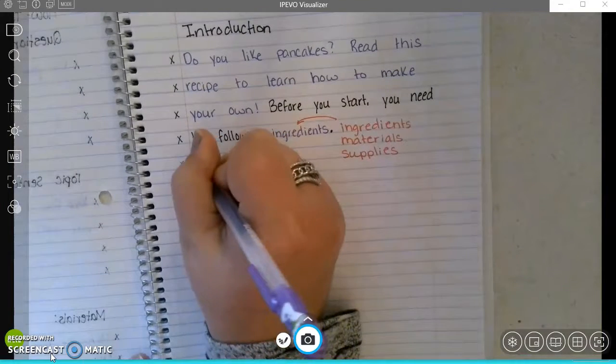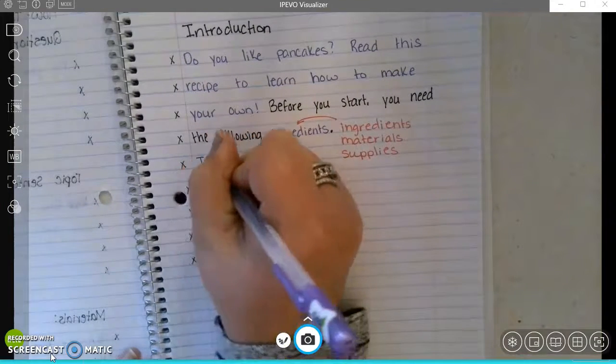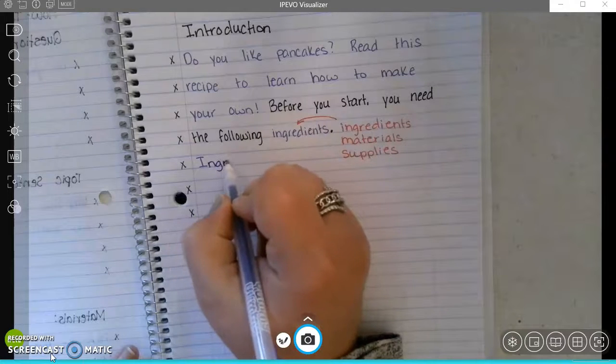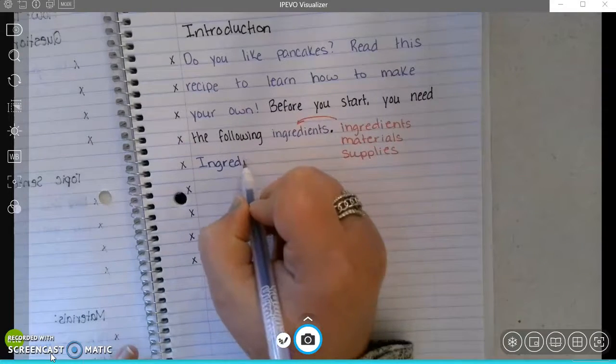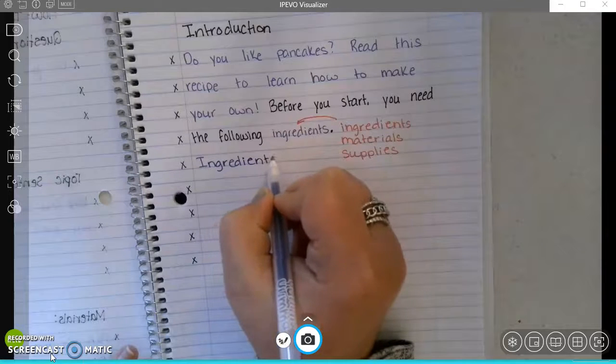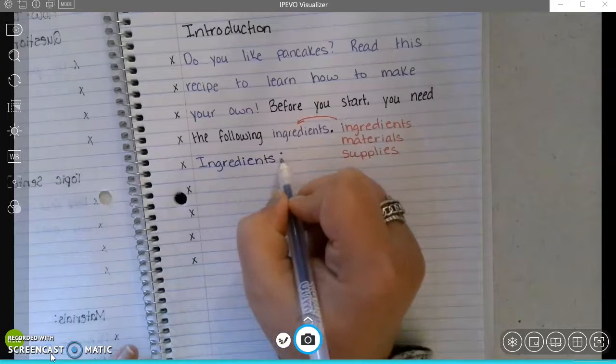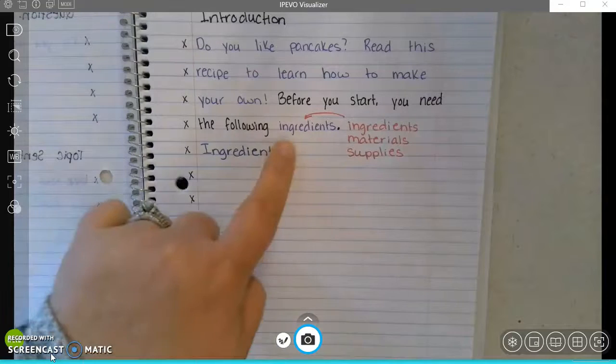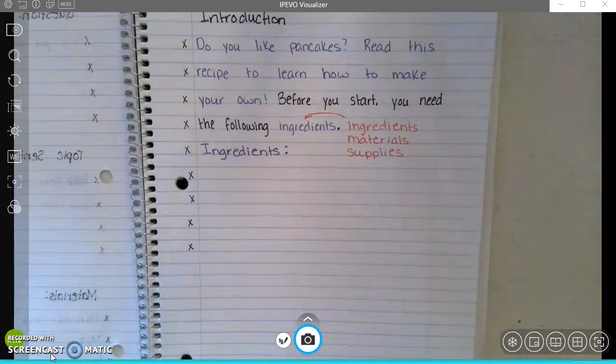And this is the start of a list, so I'm capitalizing it. Ingredients. And I'm going to put these two little dots on the outside that have a name, and I should probably know what they're called, but I don't remember. And that means that a list is going to follow.